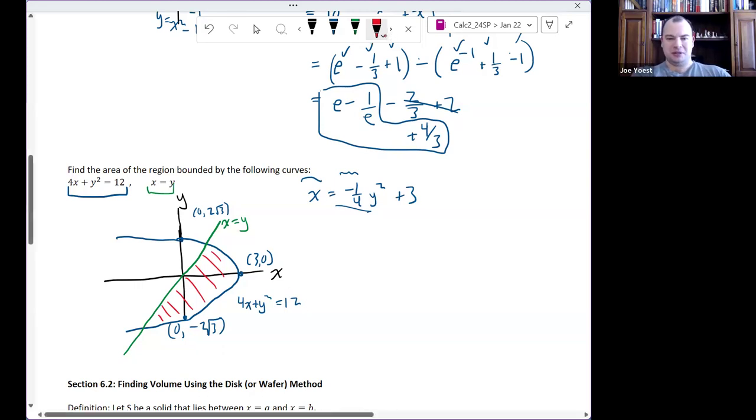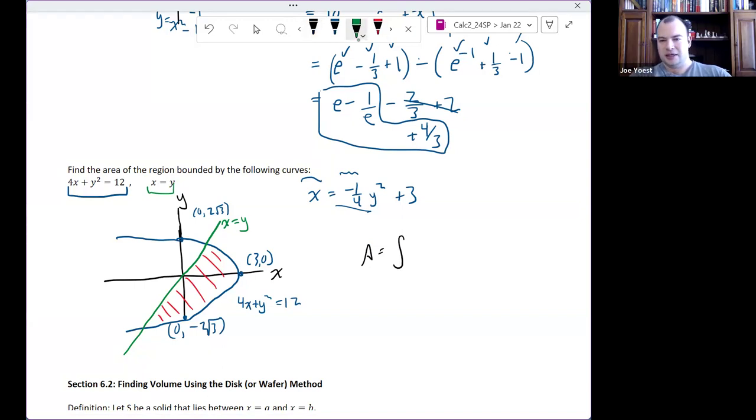I might be tempted to just do what I did before, just do something like area equals integral of green function minus blue function dx, integrating from whatever that is on this point on the left here, to 3.